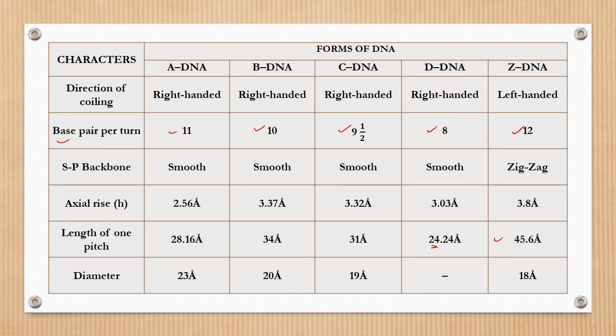Now the diameter of the polynucleotide chains in this double helical structure is 23 angstrom units in A DNA, 20 angstrom units in B DNA, 19 angstrom units in C DNA, not yet specified for D DNA, and 18 angstrom units in Z DNA. Of all these forms in our syllabus, most of the research is done on B DNA, and Watson and Crick also proposed the structure of B DNA.